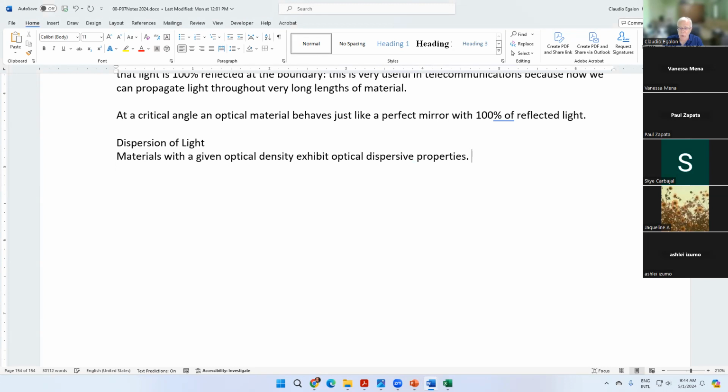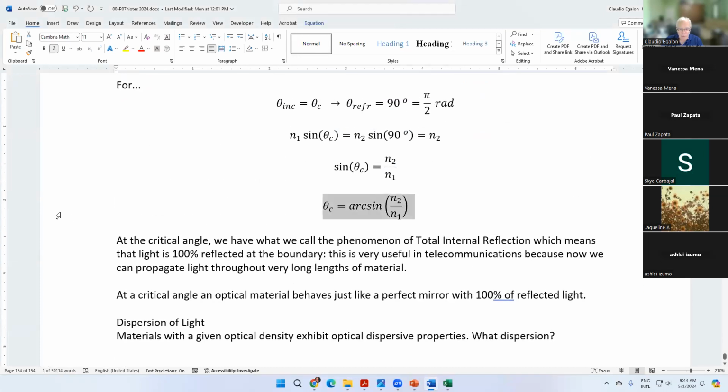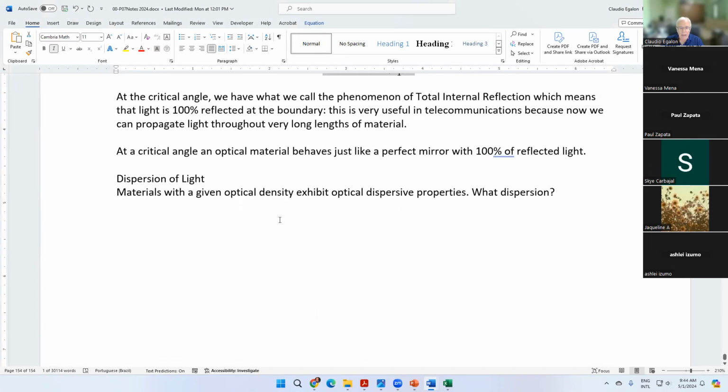Now the question is, what is dispersion? Well, it's very simple. It looks like a very scary name, but it's not that difficult to understand.